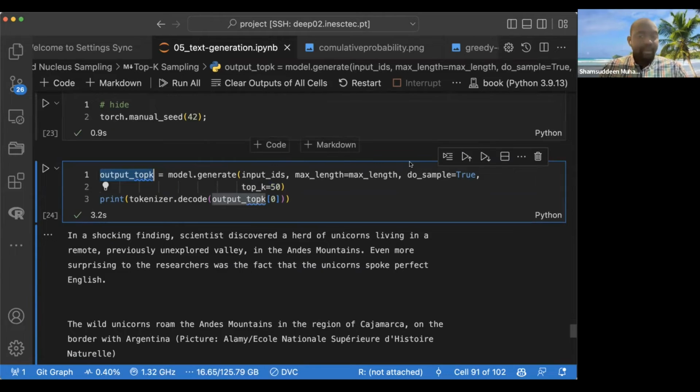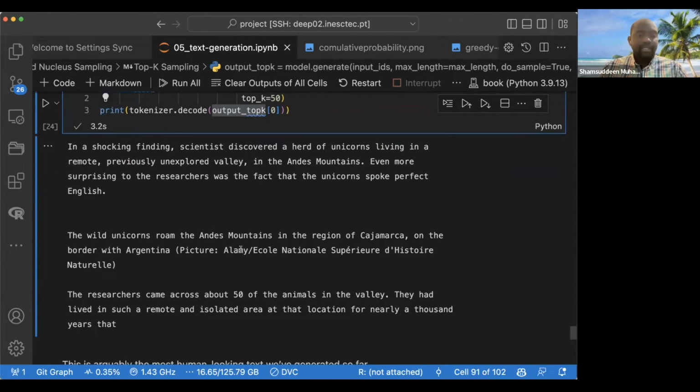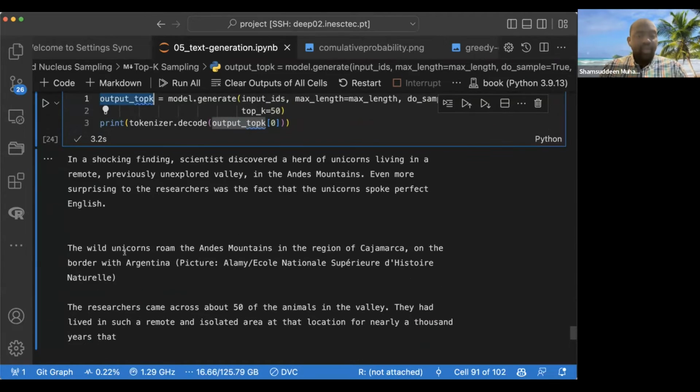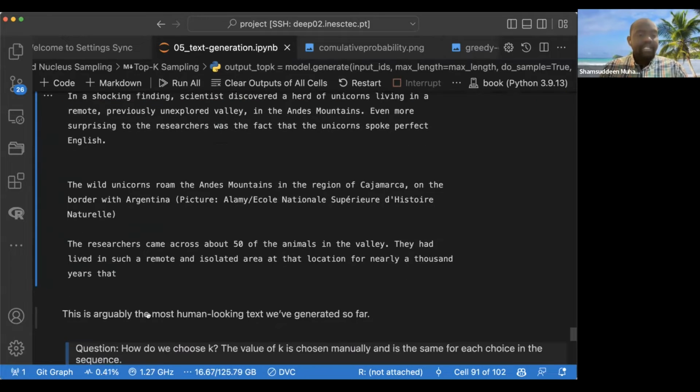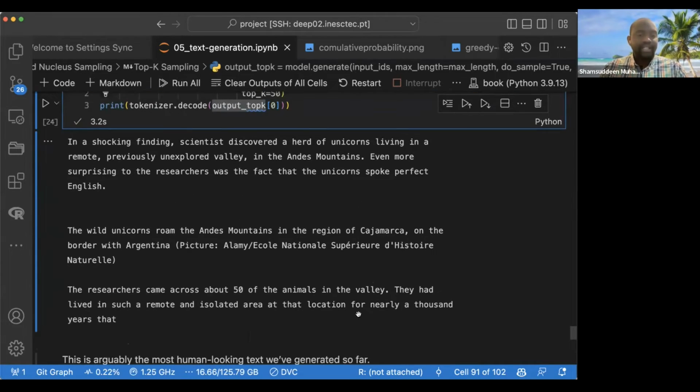It's still sampling, and we can see the result here.